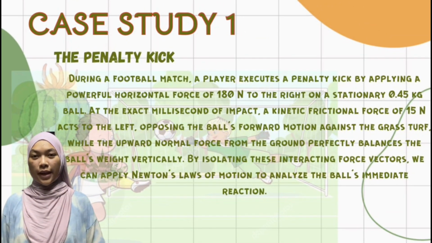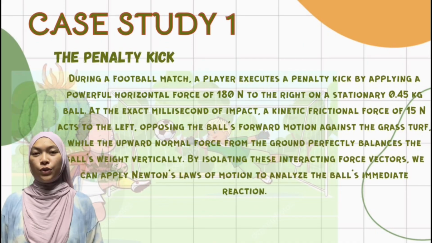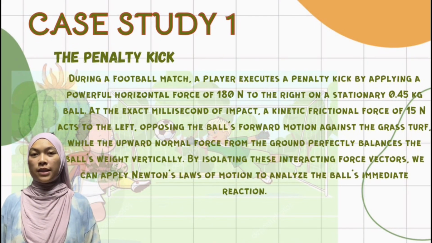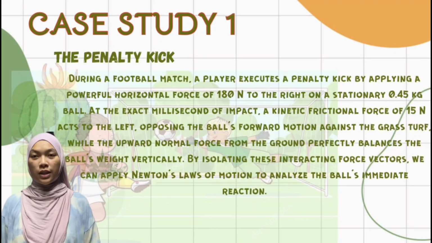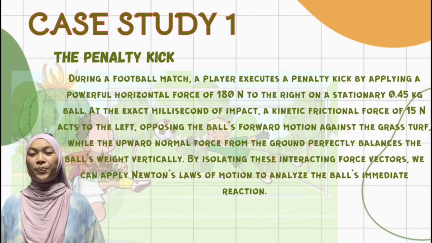Case study 1. The penalty kick. During a football match, a player executes a penalty kick by applying a powerful horizontal force of 180 Newton to the right on a stationary 0.45 kg ball. At the exact millisecond of impact, a kinetic frictional force of 50 Newton acts to the left, opposing the ball's forward motion against the grass surface.